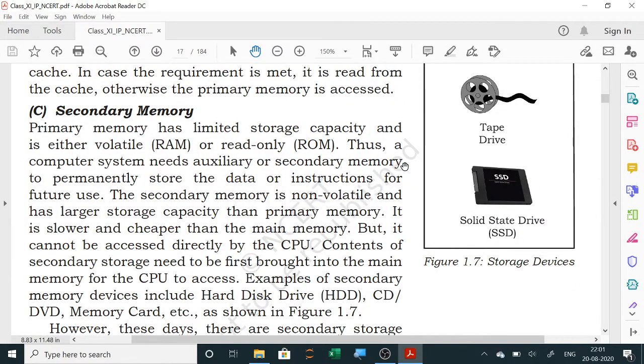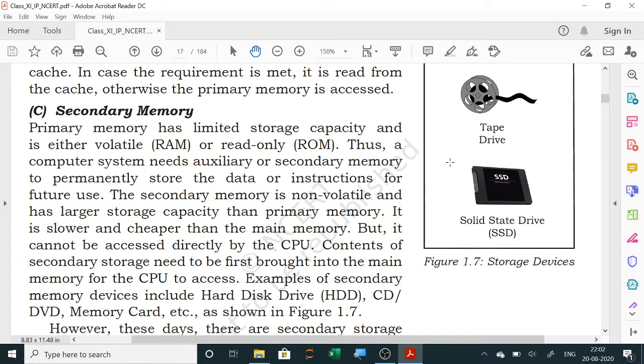Primary memory has limited storage capacity and is either volatile RAM or read-only ROM. Thus, a computer system needs auxiliary or secondary memory to permanently store the data and instructions for future use. The secondary memory is non-volatile and has larger storage capacity than primary memory.